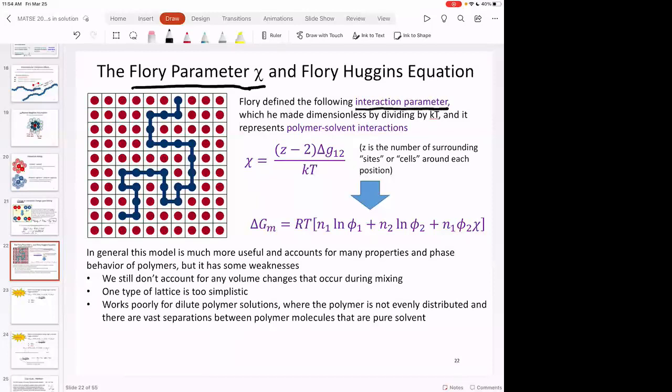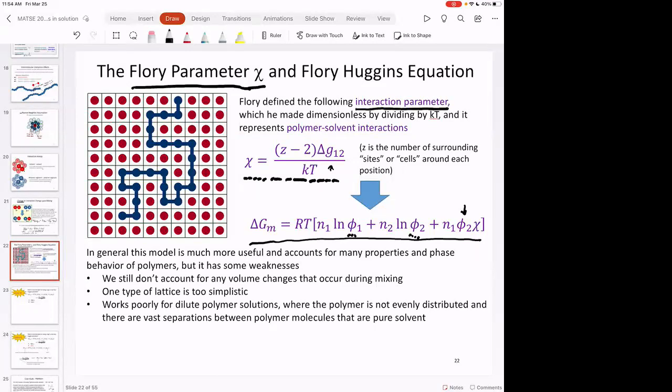I mean, it's made of these small G12s that we just came across. And once you define this interaction parameter, what Flory and Huggins did was define this expression for delta G of mixing based on the entropy part, the volume fractions, right? This is in there. And then the enthalpic part based on the interaction parameter, and it's all lumped together.